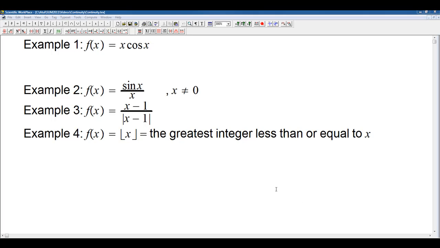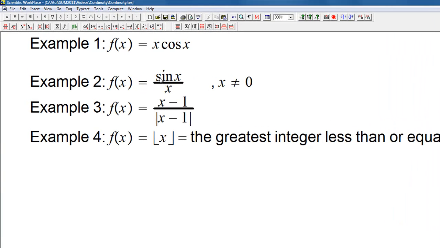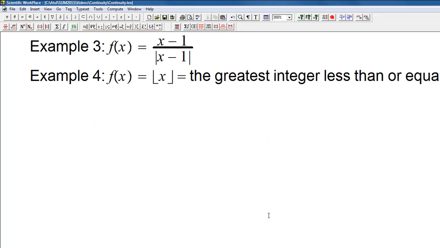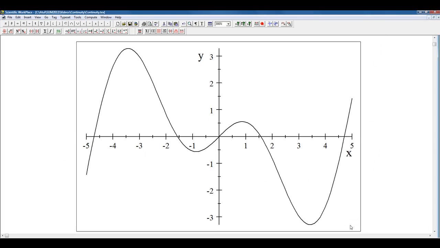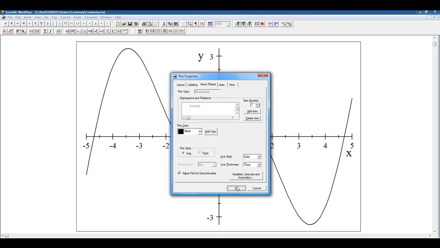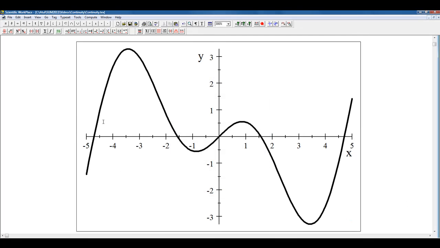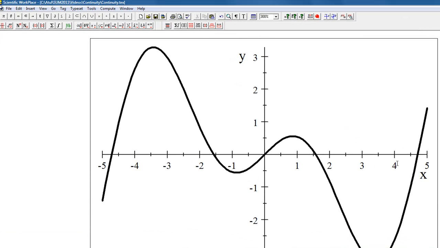Now let us discuss continuity, or the idea of continuity of a real valued function, using these four examples. Let's consider this function, x times cosine x, and look at a graph here. The graph of the function seems to be flowing continuously as you go along the x-axis.